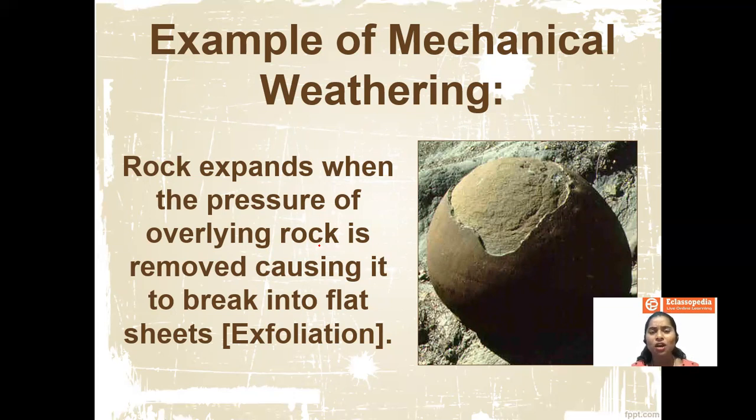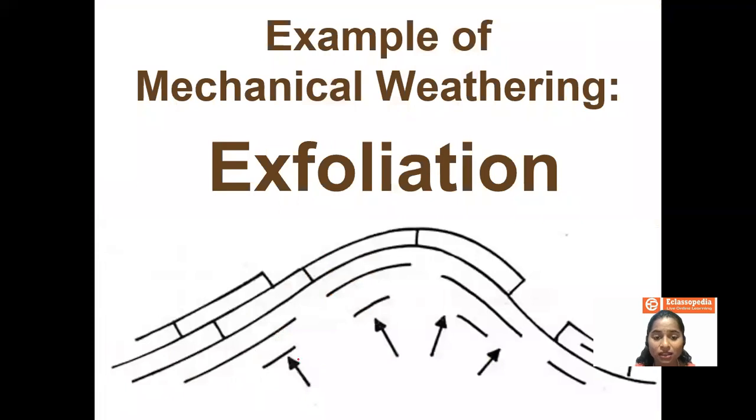Because of these temperature fluctuations, the rocks are expanded and contracted, expanded and contracted. When the rock is exposed to high temperatures, it tends to expand. When it expands, the inner material of the rock creates some pressure on the outer layer.